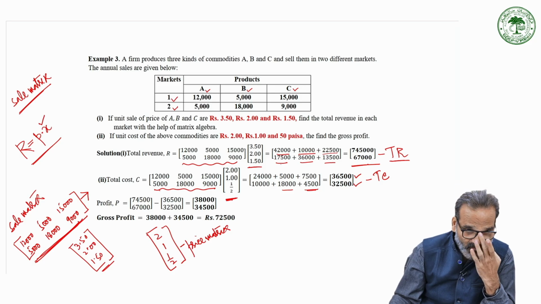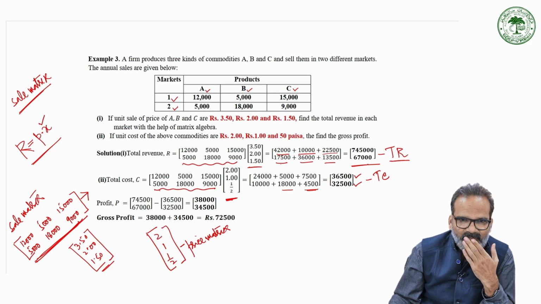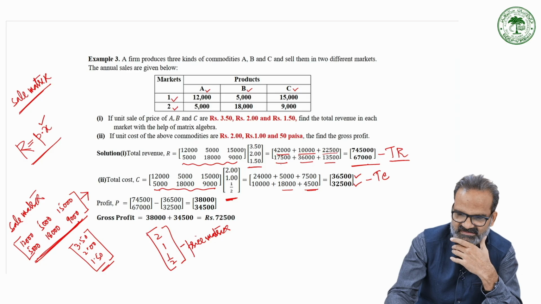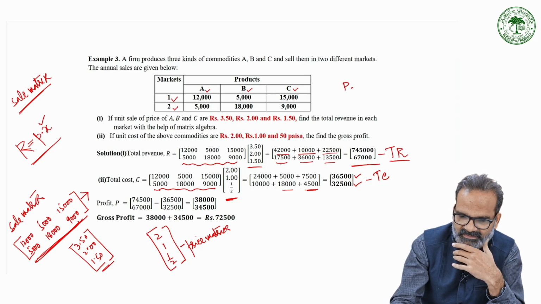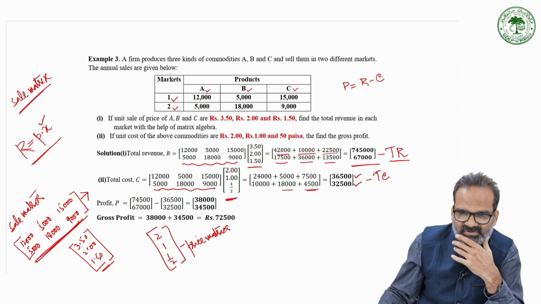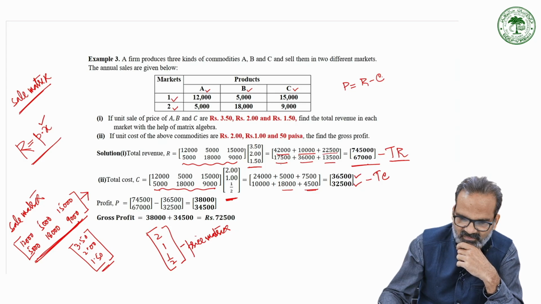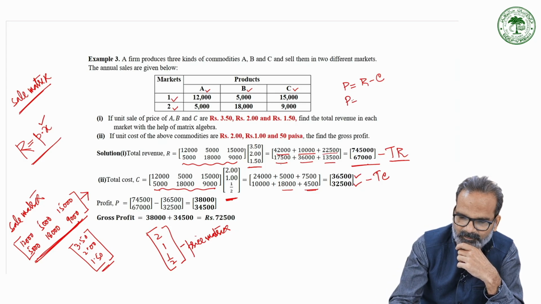Gross profit means what? We know that profit is equal to, first calculate the profit. Profit is equal to total revenue minus total cost. And what is the total revenue? So the profit P is equal to, revenue is 745,000 and 67,000.